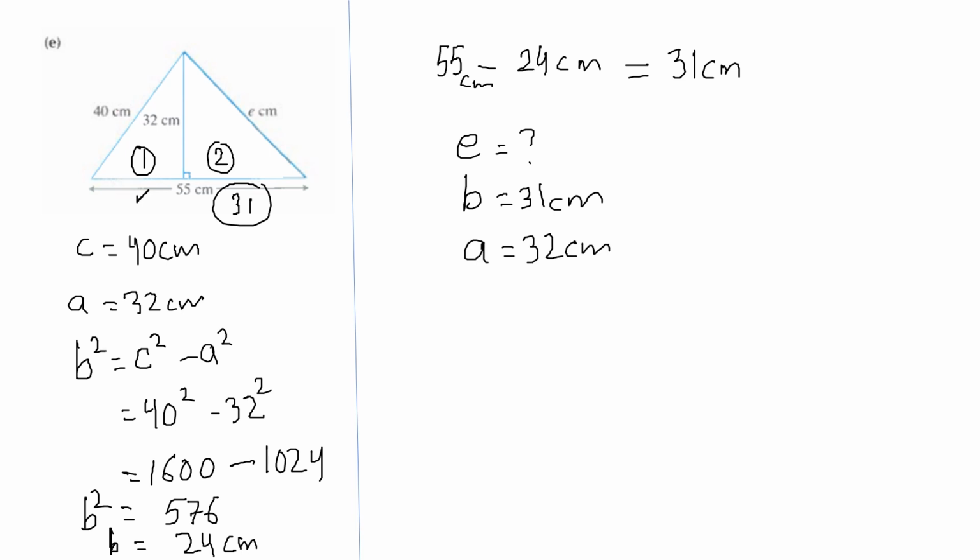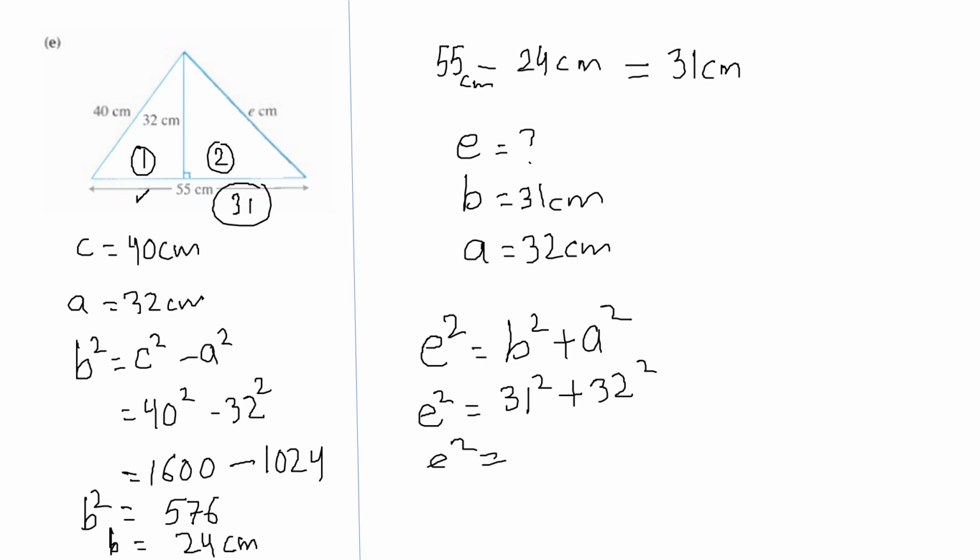Now I will write the formula as E squared is equal to B squared plus A squared in this case, and I have 31 squared and 32 squared, right?